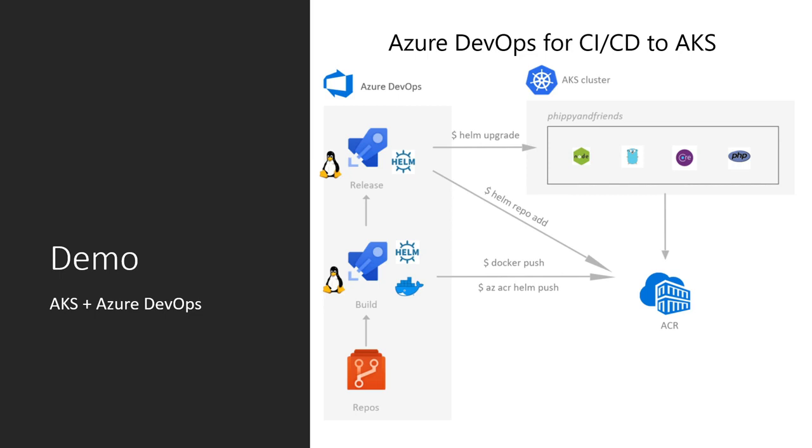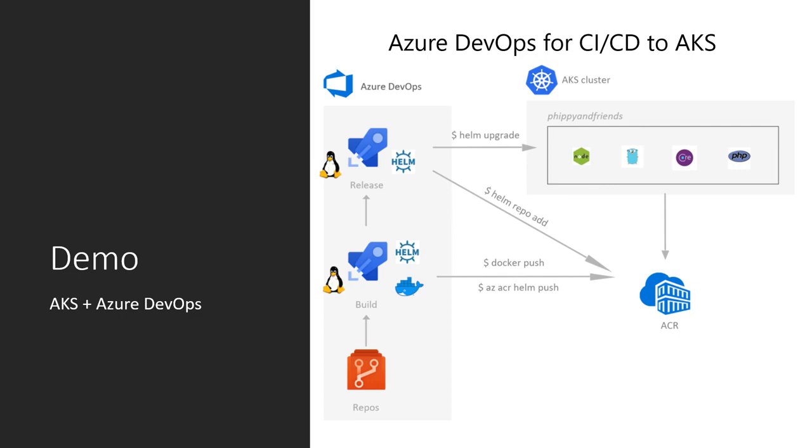Further along the development process, when you produce a release, in this case we are using Helm charts to deploy into the AKS cluster. You deploy the conference website, which uses the MEAN stack, into the AKS cluster that is running on Azure.